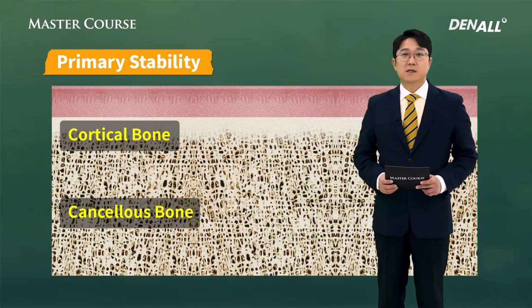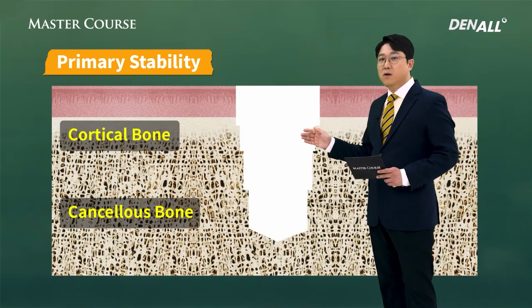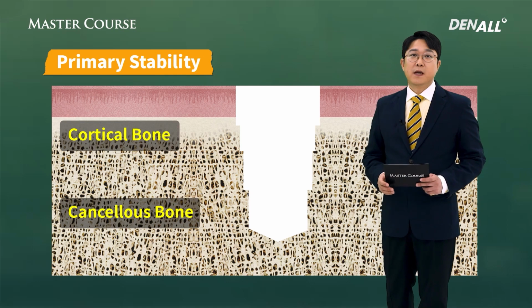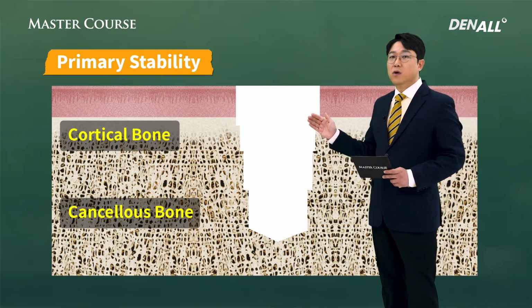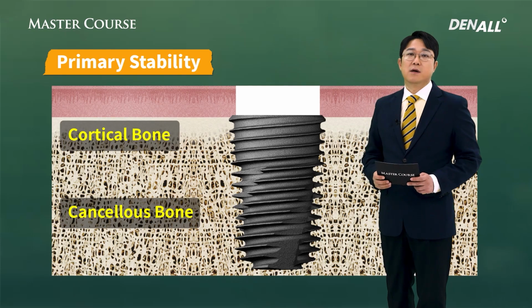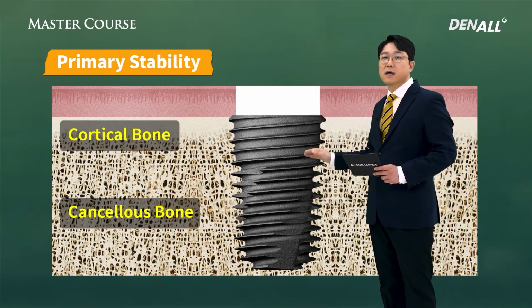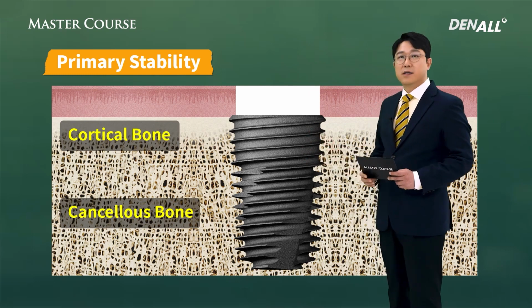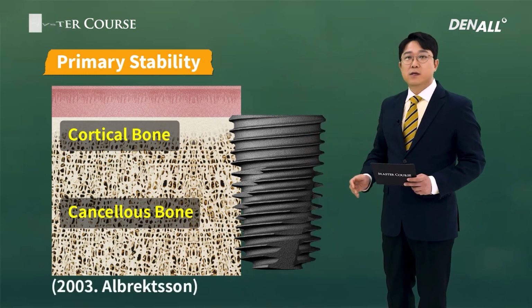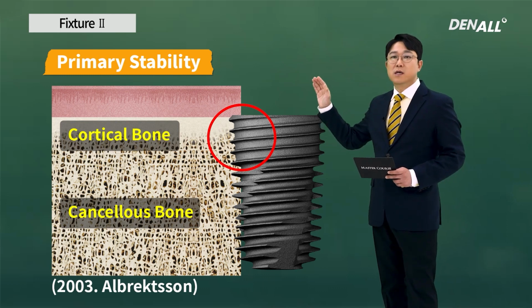In order to place an implant, we make a hole in bone, and an implant with a bigger diameter than the drill hole is inserted in bone to get the stability from the cortical and cancellous bone. In the cortical bone, the blood vessels are destroyed and stress happens.